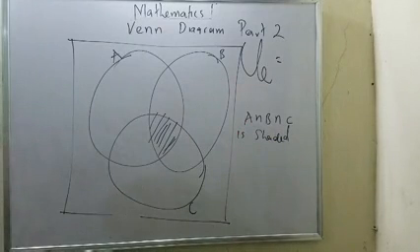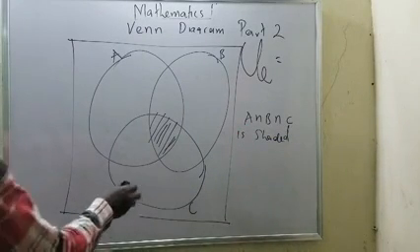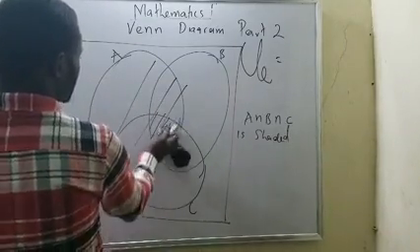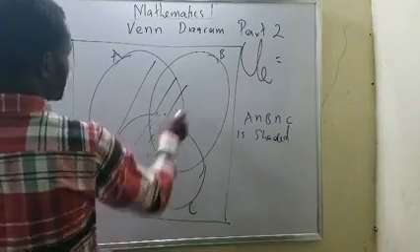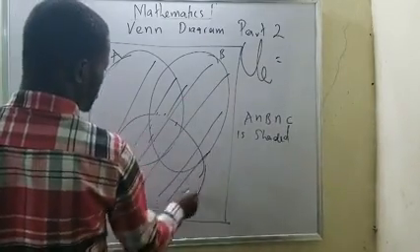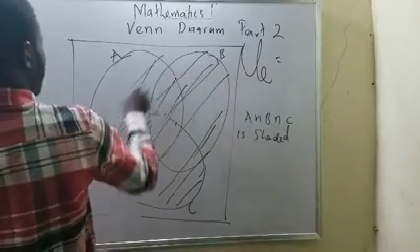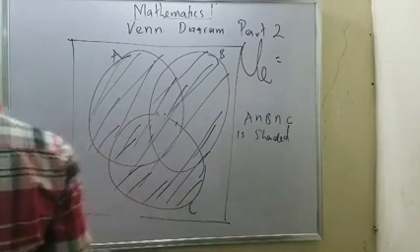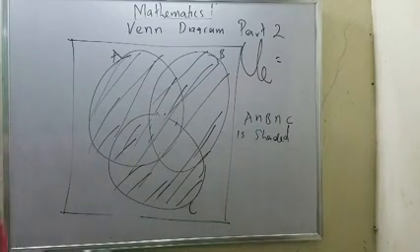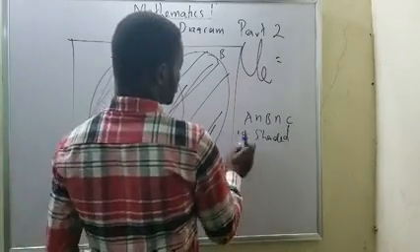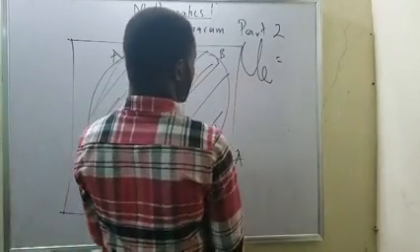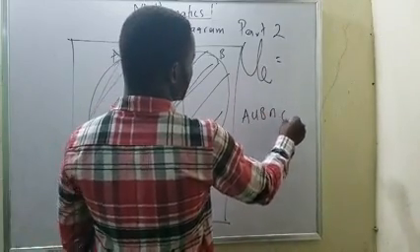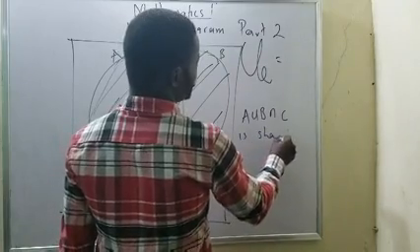Now, if I have it another way, where everything is shaded like this, let me clean that part. Everything is shaded, I shaded the whole part. Since I shaded the whole part, it means A union B union C is shaded.